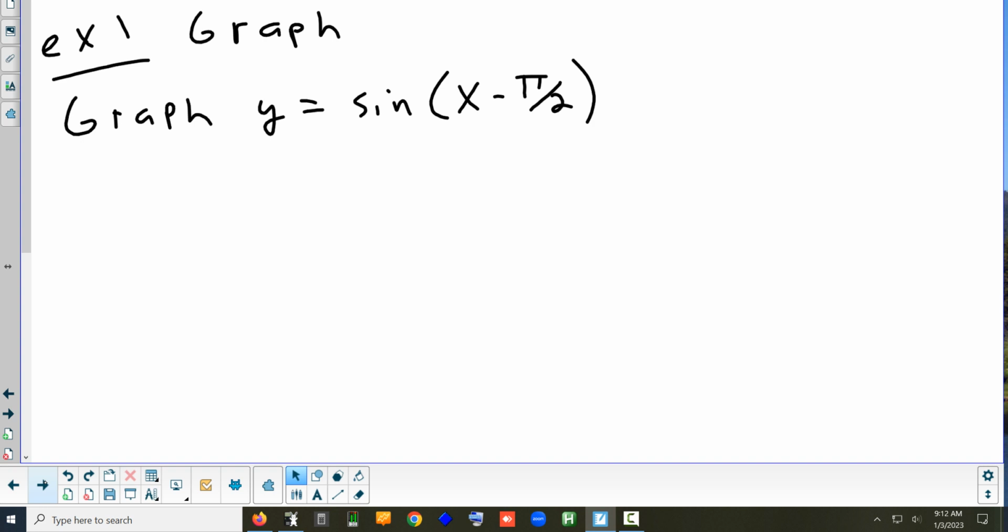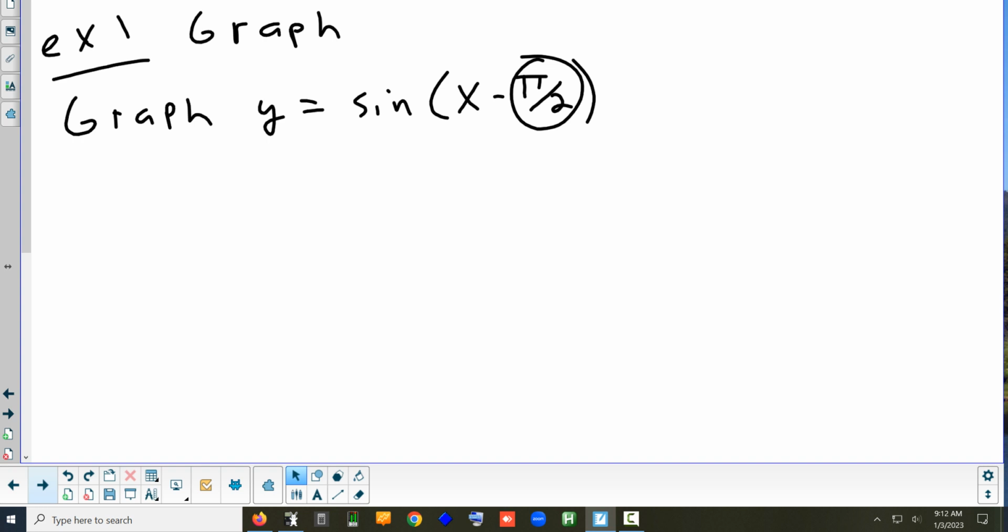So when you see a minus pi over 2, you know it's going to the right, and you need to make the x bigger. How much bigger? That much bigger. So what ends up happening is you do the opposite of what you see there. If you see a minus pi over 2, you're going to do a plus pi over 2 to shift all your x's to the right. If this was a plus inside, that's going to move them to the left. What happens when things move to the left?